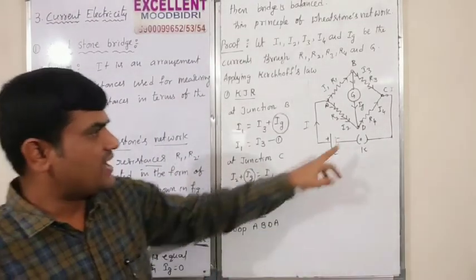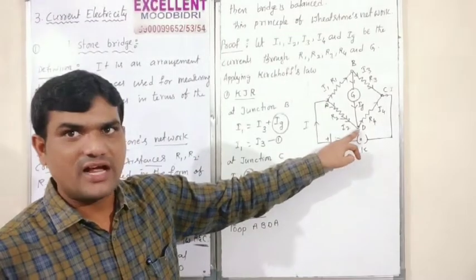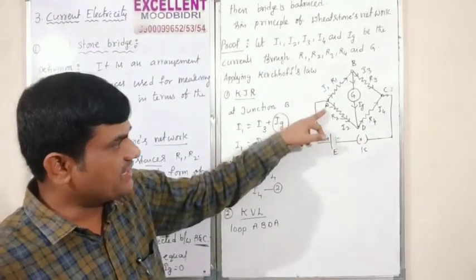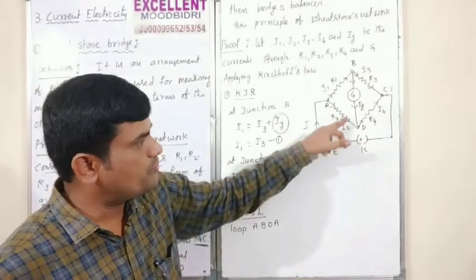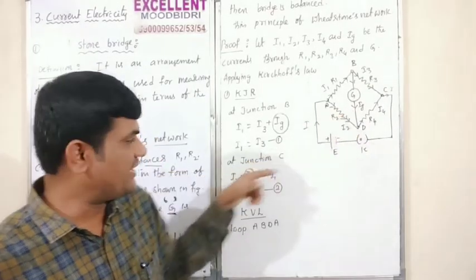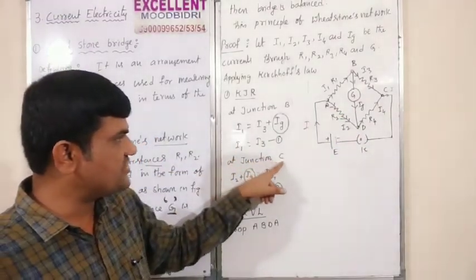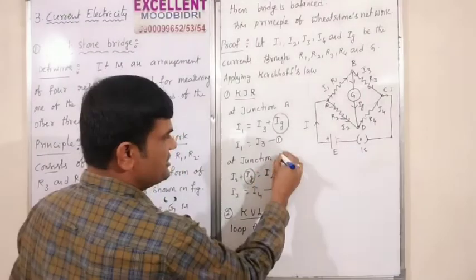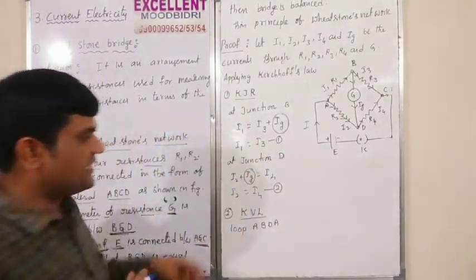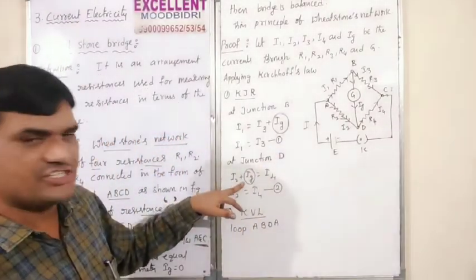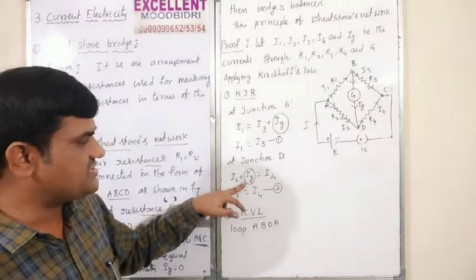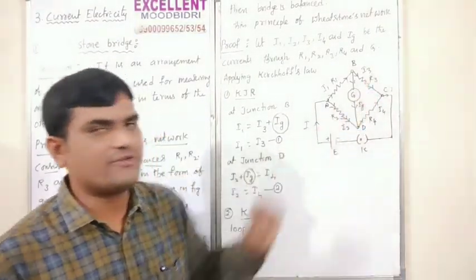Alright, next one. At junction D, the entering current is how much? I2 plus Ig. Correct, entering current. At junction D, entering current I2 plus Ig is equal to I4, the leaving current.